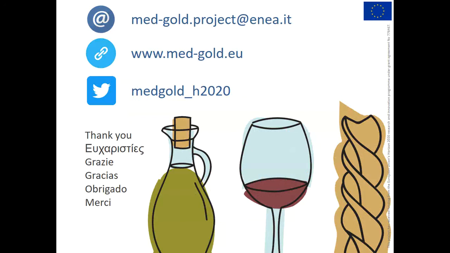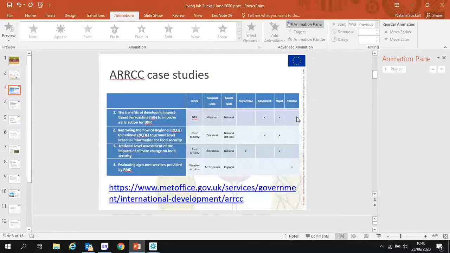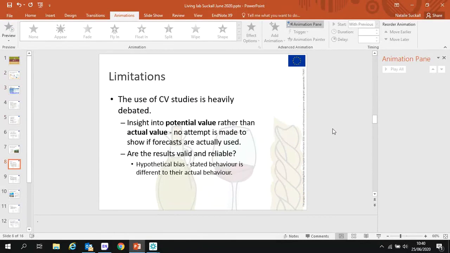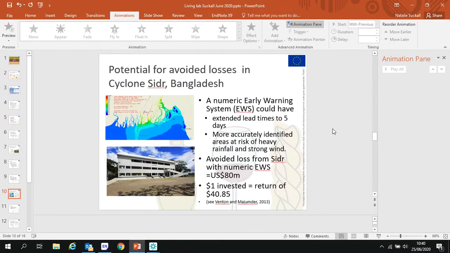Now I would come back to the example of the potential avoided losses by the ARRCC, the typhoon that you have presented before. I'm asking if there is something similar also in terms of false alarms, for example. Here the idea is for 5 days, so it's more meteorological forecast than climate prevision.